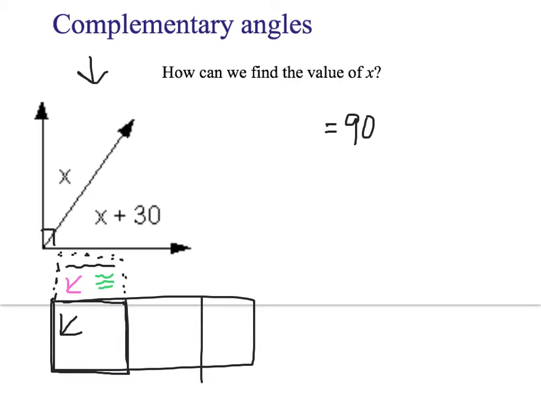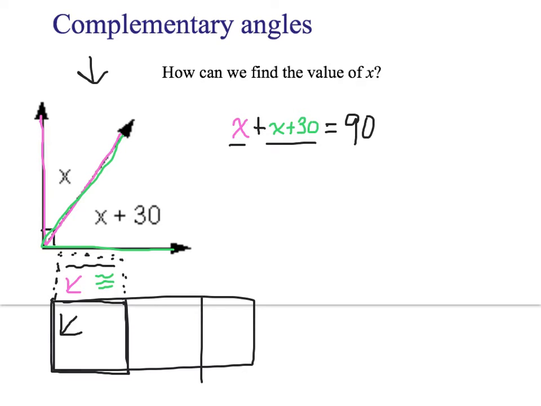So my first angle is labeled as X, plus my second angle is X plus 30. Those 2 angles, so angle 1 and angle 2 added up, have to equal 90.